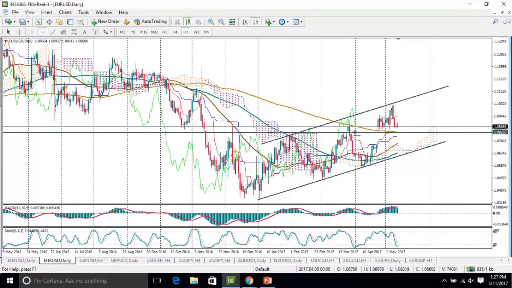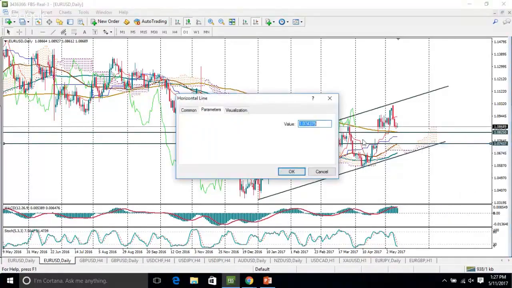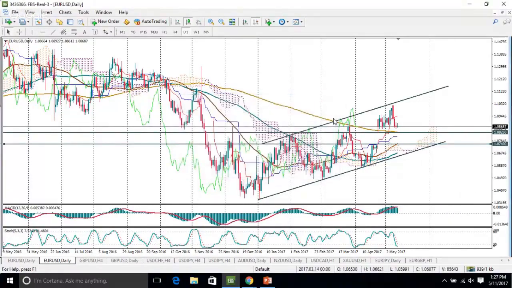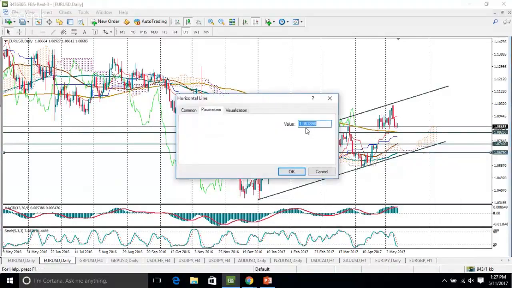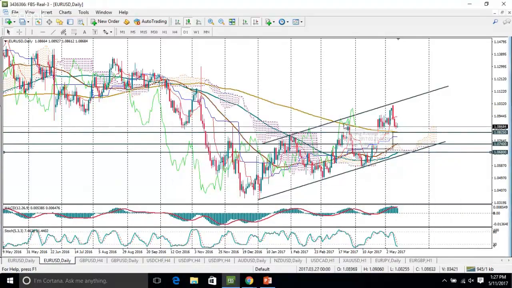And below this line, we'll watch levels around 107.40 and levels around 107 and 106.80.